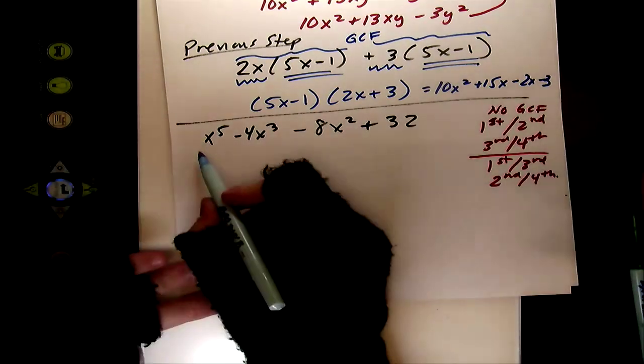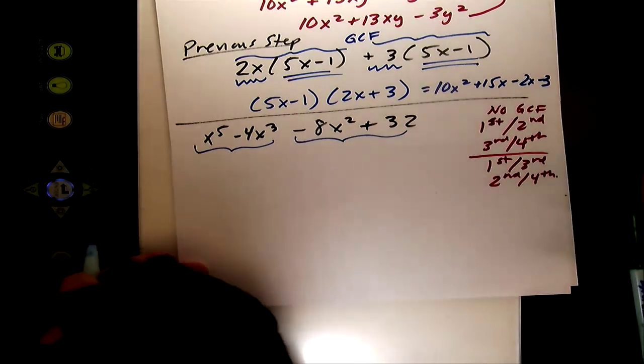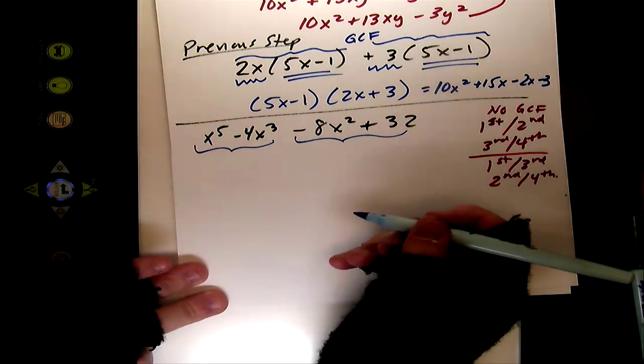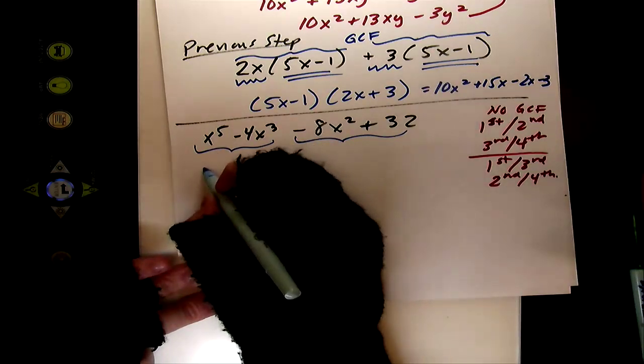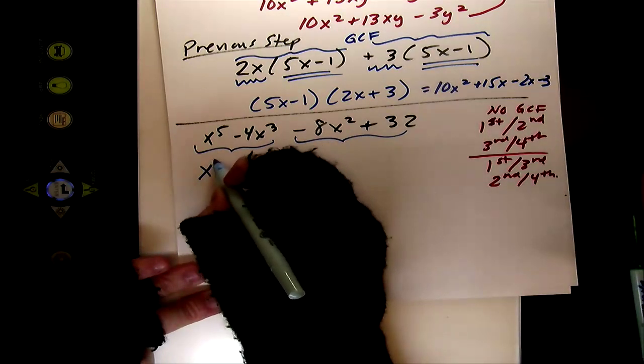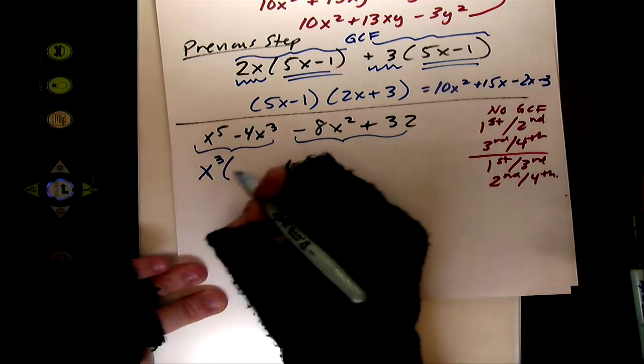Well, this is the first term and the second term, so I'm going to do those two together. And I'm going to do these two together. There is no coefficient that's in the GCF, and the lowest exponent is x cubed. So that's the GCF of the first group.